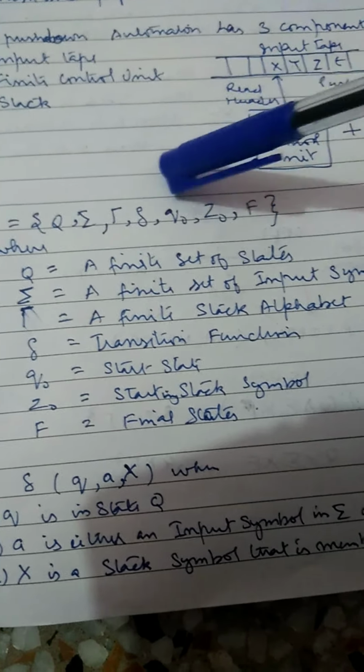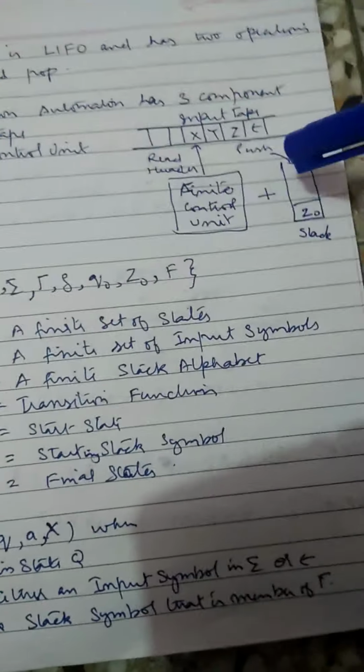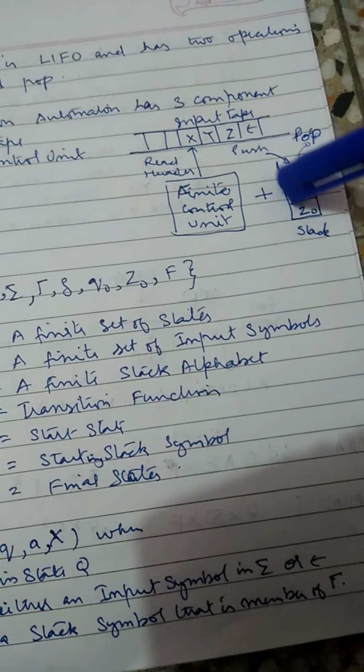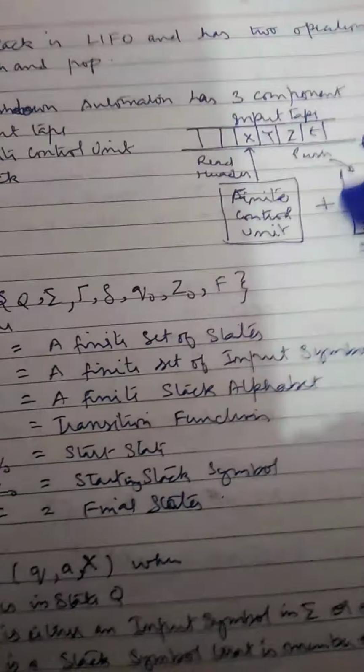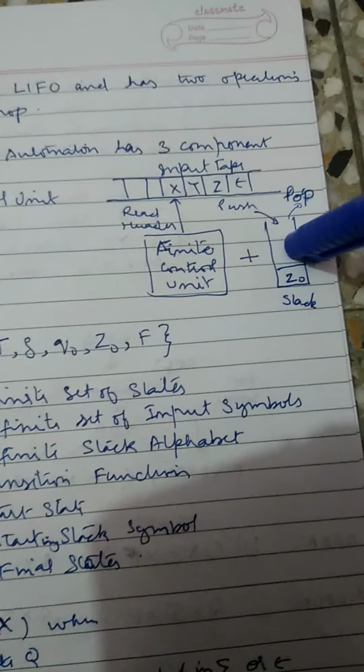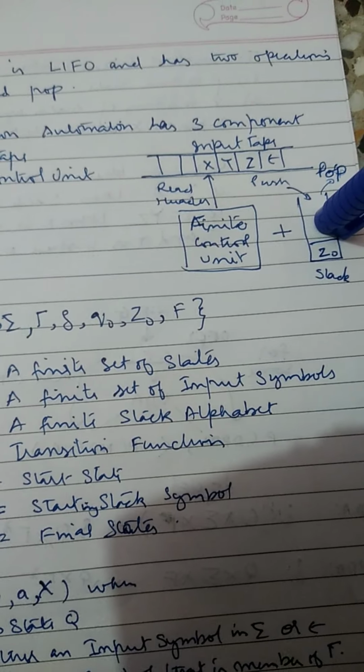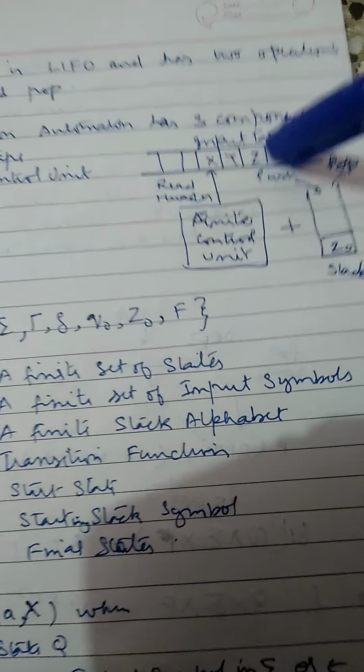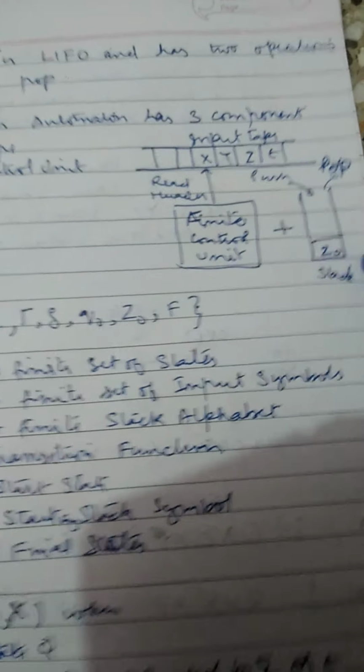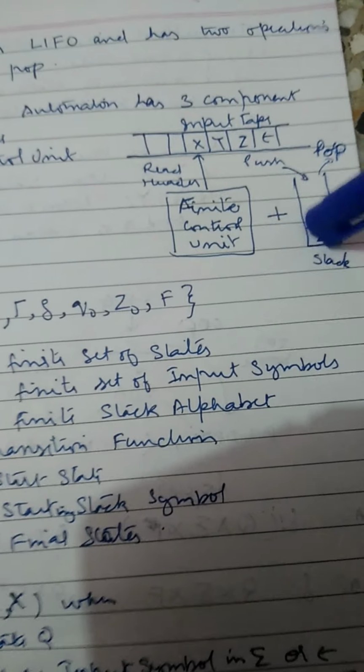Whatever symbols we can put on this stack come under this category. It may be an input tape symbol or any other symbol. Z0 is also one of the symbols. So all the symbols come under tau.